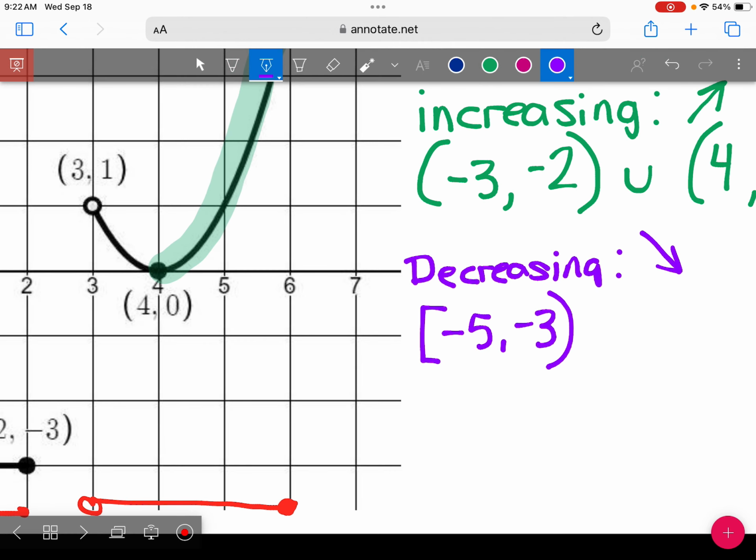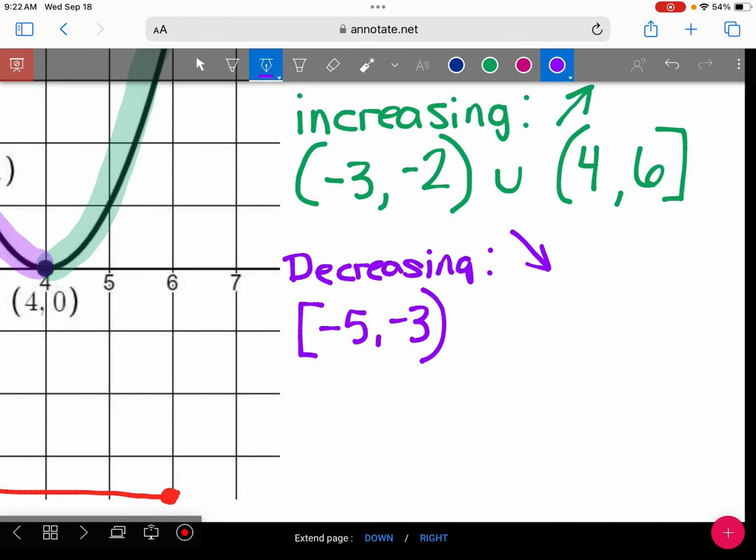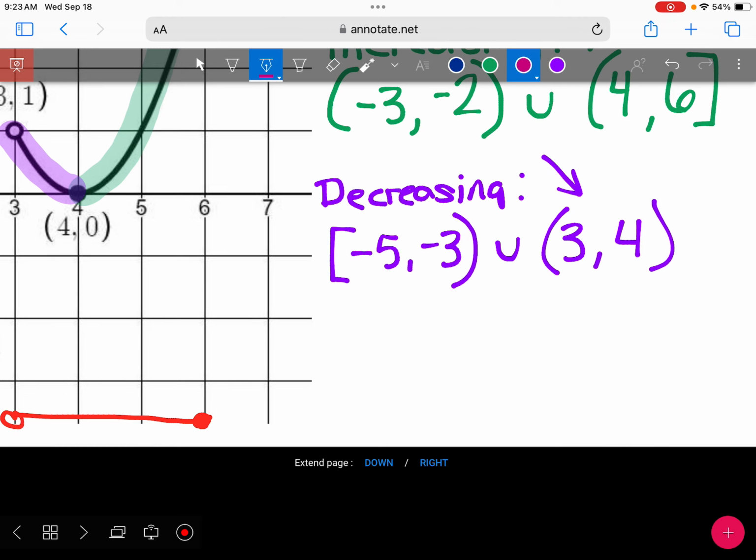What other interval do we have that is decreasing? Between 3 and 4. Are either the 3 or the 4 included? Neither one, because the 3 is an open circle and the 4 is where it turns. And then our last piece on this one is to describe where it is constant.